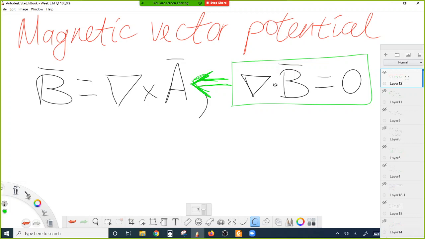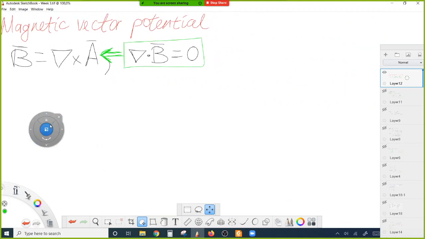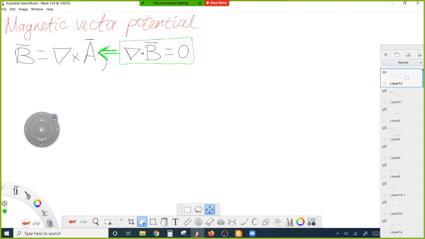So let's use Maxwell's equations. What was the first Maxwell's equation?